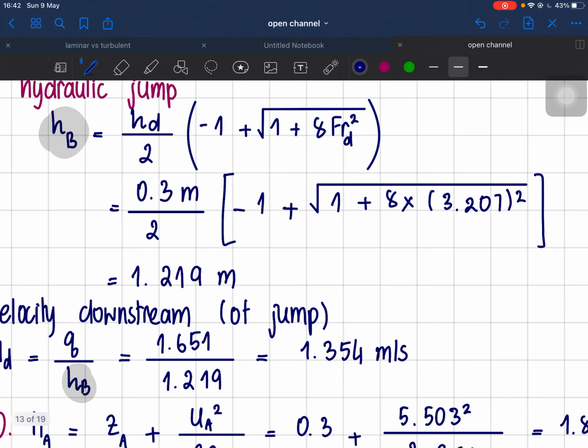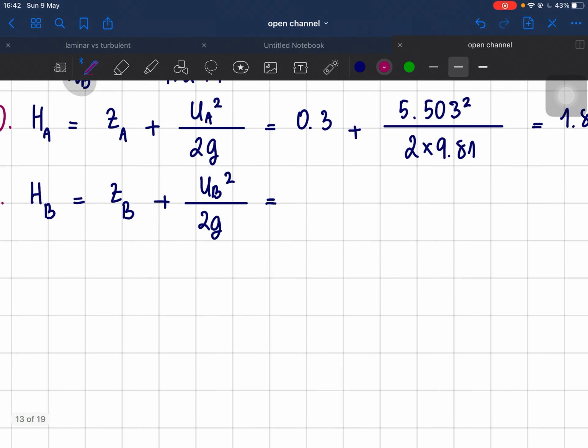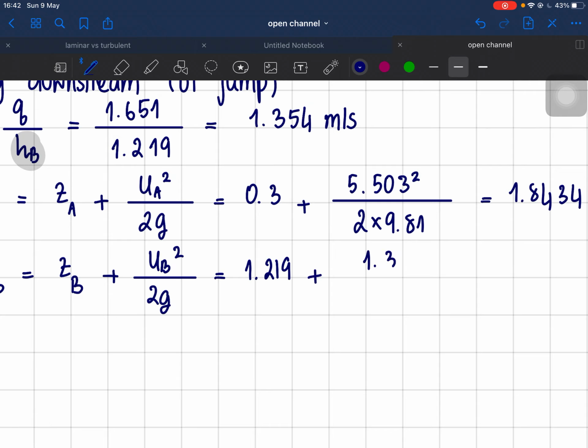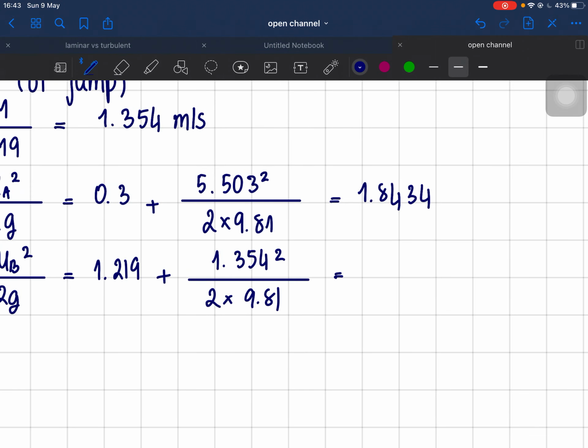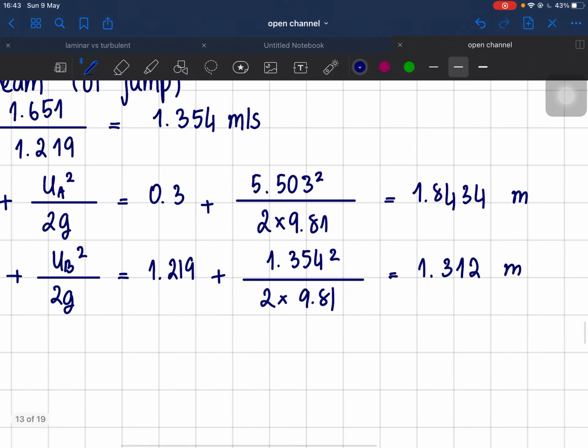It's here, 1.219 plus 1.354 squared, or the same thing here, 2 times the gravity, 9.81. Answer 1.312. Yep, this is meter because it's a head.